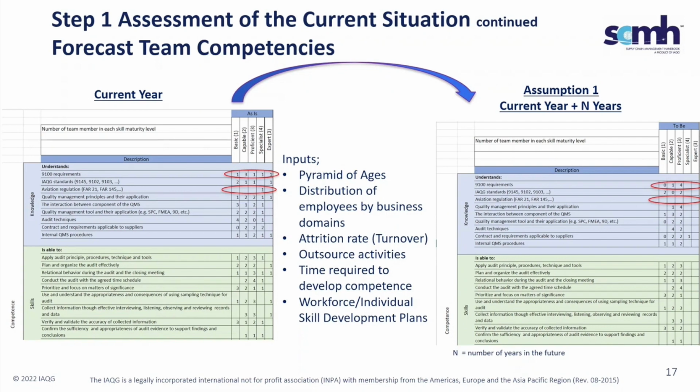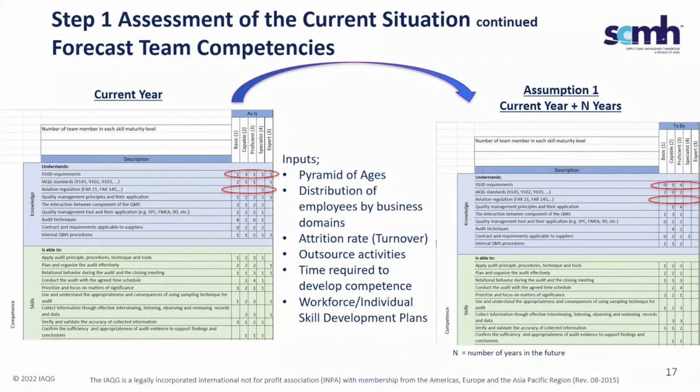Moreover, by assessing the employee ages, the distribution of employees per domain, the turnover, the time required to develop competence, and the individual skills development plans, the line manager can forecast team competence in a relevant time frame.